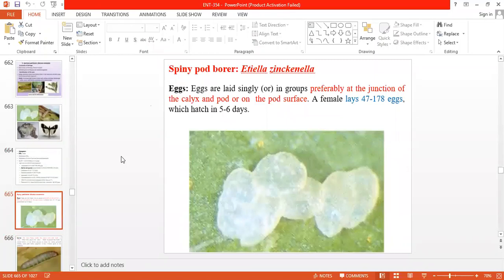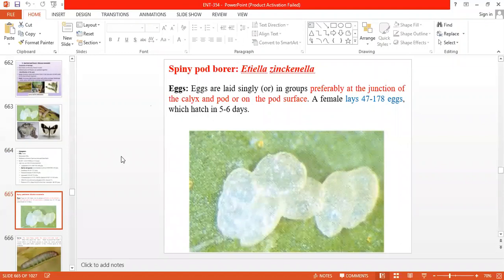The next important pest is the spiny pod borer, Etiella zinckenella, family Pyralidae, order Lepidoptera. So why is it called a spiny pod borer? Because the body of the larva has spines or bristle-like structures.